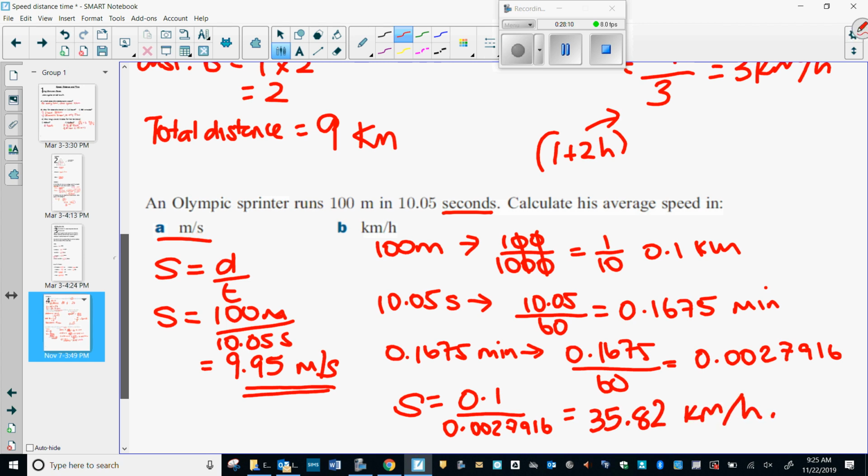But can we round to 1? 35.8. Yeah, that really affected my answer. So remember, you're going like 10 meters per second, so every second. Here we're talking about hours. So you're definitely going to be going a lot further if you're talking about a whole hour. Does that make sense now? A second is super quick, an hour is pretty long.